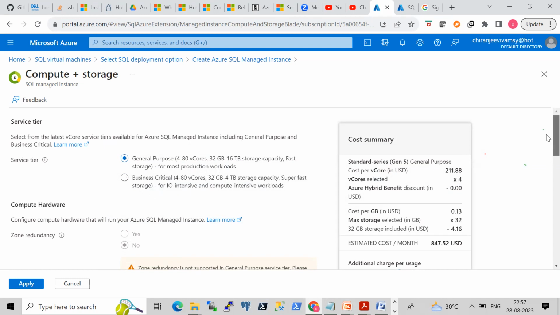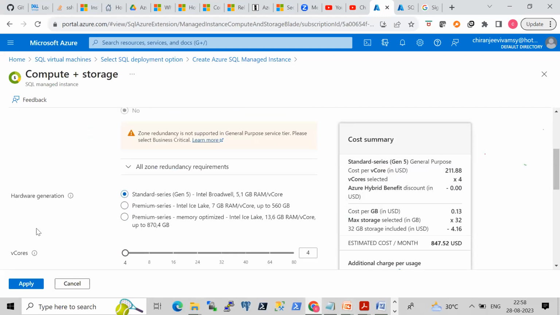Again, we have something called hardware generation. We have 3 types of hardware generations. I think most likely this is the same for Azure SQL also. They are generation 5, premium series, and premium series memory optimized. If you have a memory to CPU ratio requirement, meaning there are applications which are memory bound, then I have to choose premium series memory optimized.